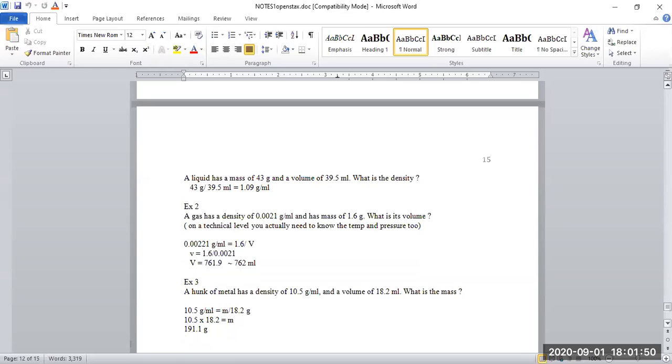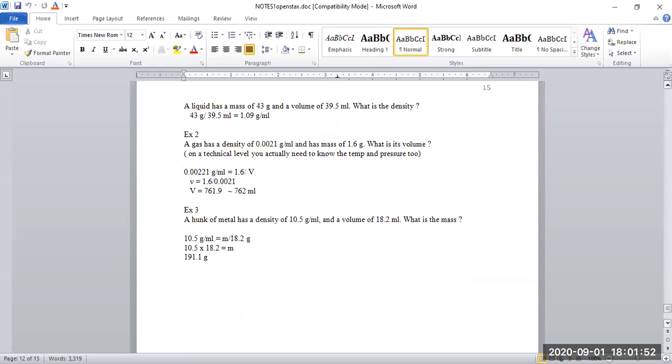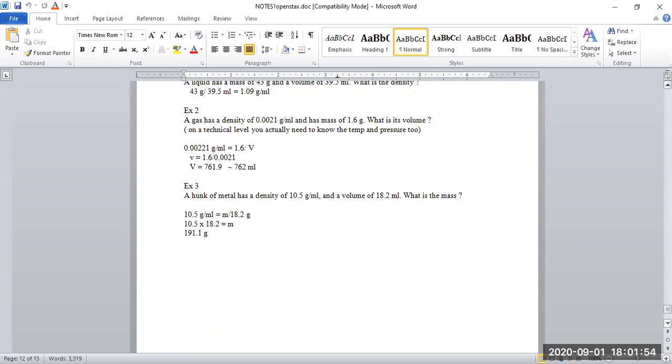One more thing you need to be able to solve for: the mass. So I have a chunk of metal. I actually know the density of this chunk of metal. It's 10 and a half. I have volume for it, 18.2. Again, this is kind of plug and chug. Put in your density, 10 and a half.